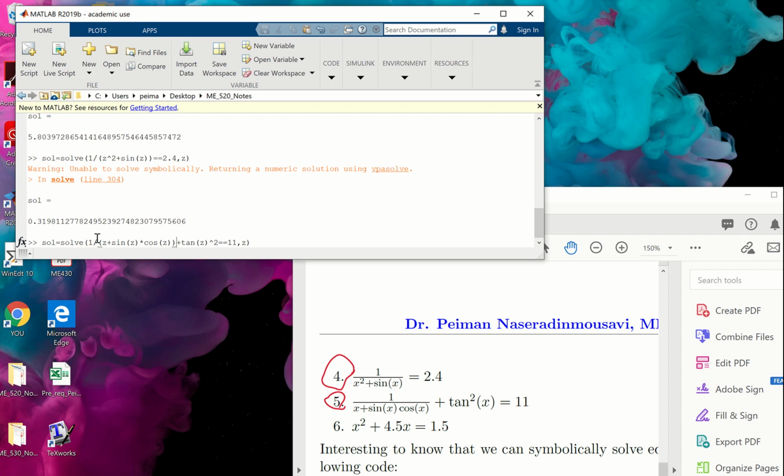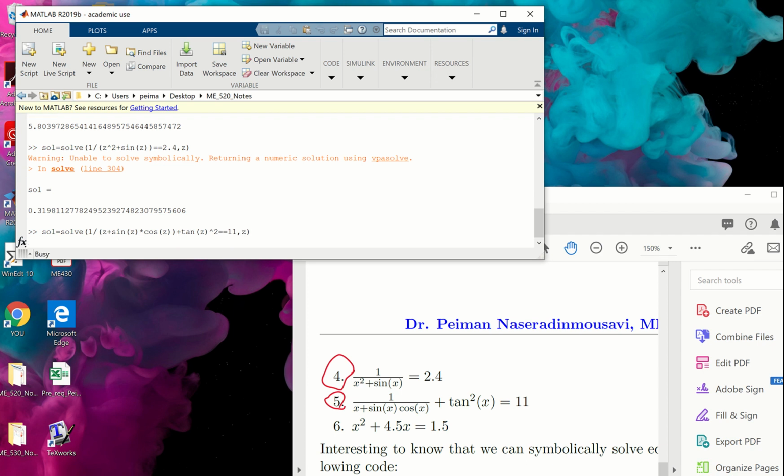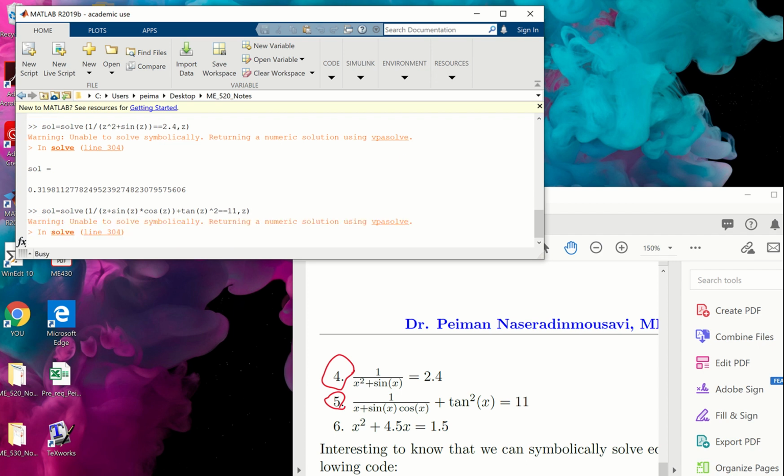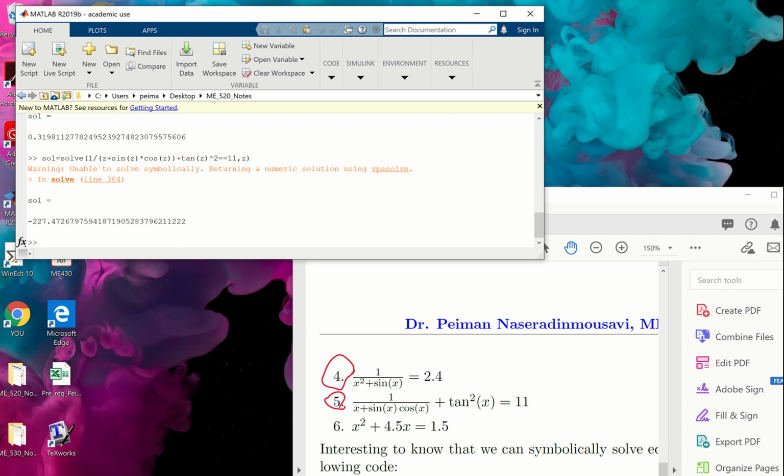See that? You have to be very careful about the brackets. Okay. So this is the equation that gives you this solution. Okay. Understand?